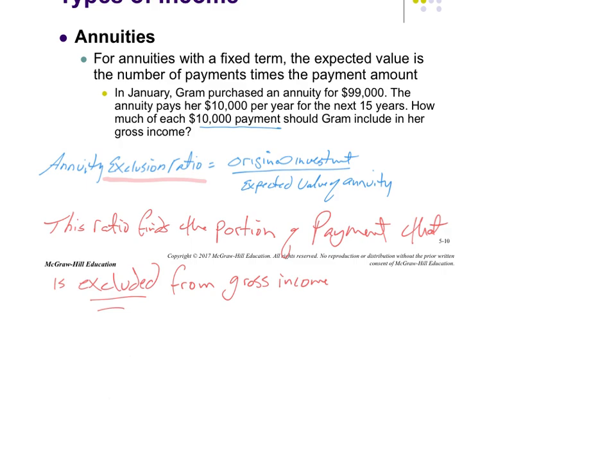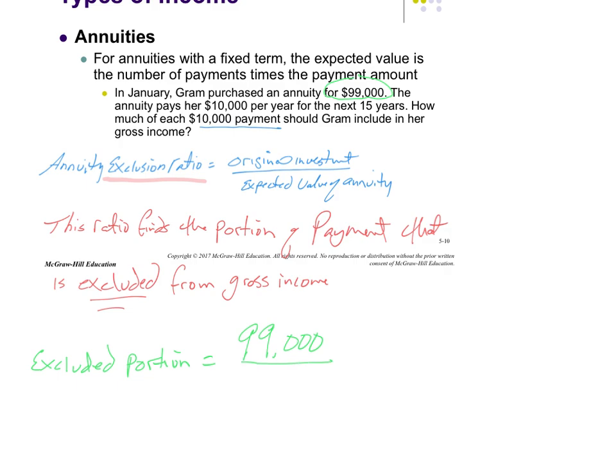We're going to find this ratio. The excluded portion is equal to the original investment. What was the original investment? It was $99,000. That's what we purchased this for.